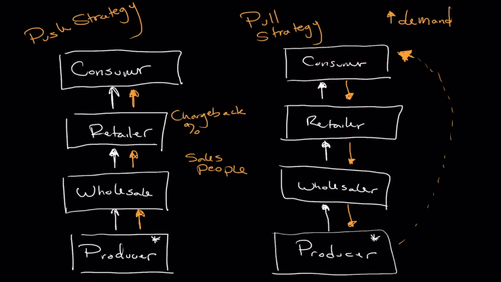Now, again, the reality is that typically these two strategies are being used at the same time, because you don't want to rely solely on one, because that can be problematic, right? If you're using solely a pull strategy, you're really dependent upon consumers vouching for you and moving this through the chain.